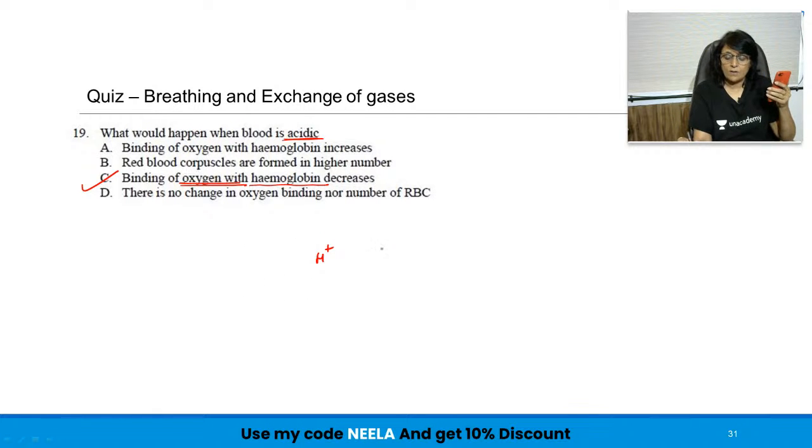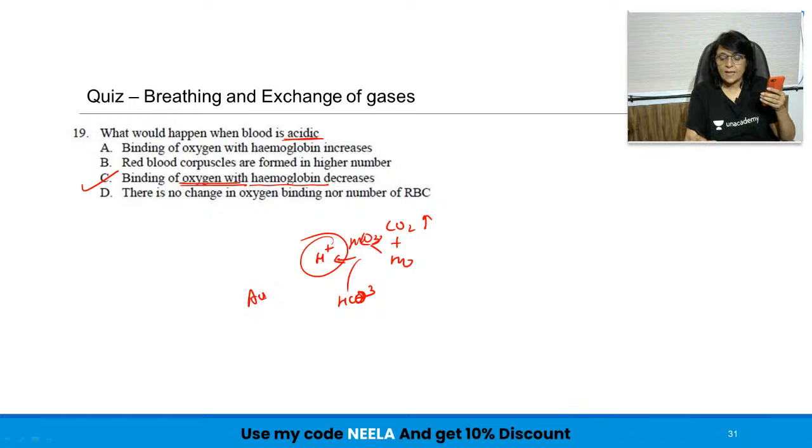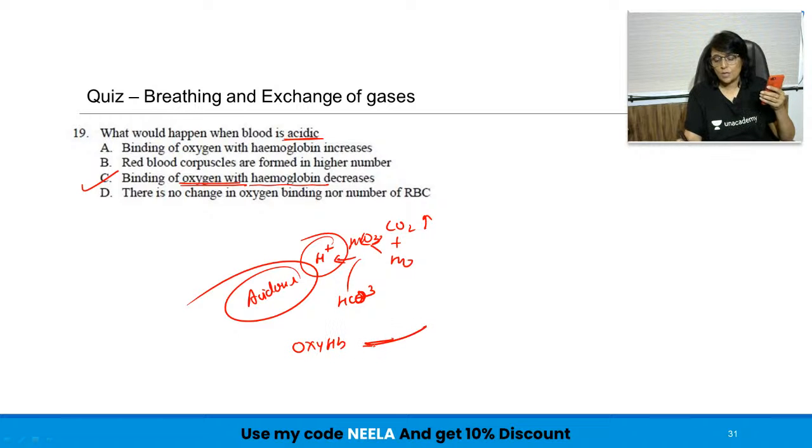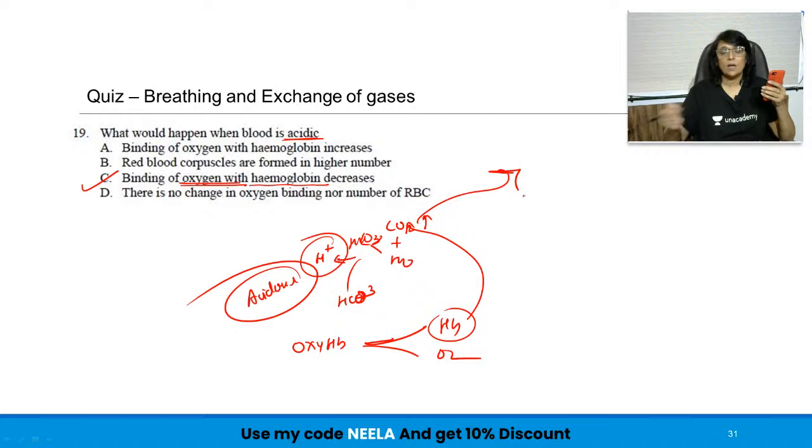When carbon dioxide is more, it reacts with water to form H2CO3, which dissociates to give you HCO3 and this H. Now this indicates that there is acidosis. So if there is acidosis, then oxyhemoglobin should dissociate into Hb and O2, and this Hb can take this oxygen out, and there should be more and more oxygen supply to the tissue. So binding of oxygen with hemoglobin will decrease.